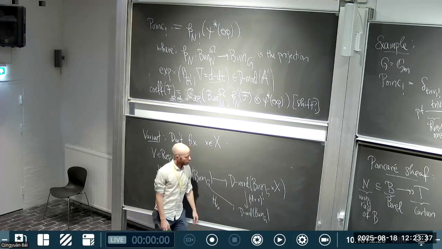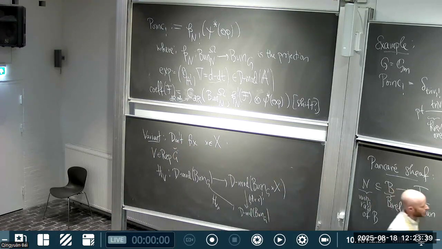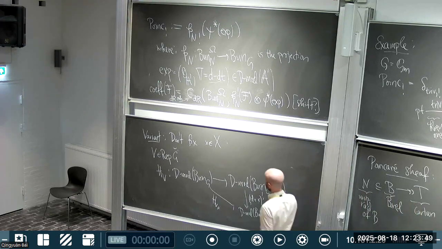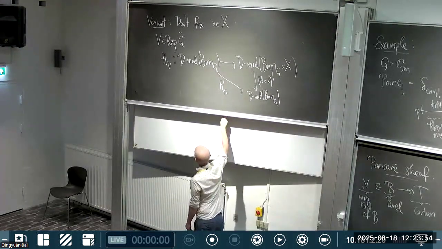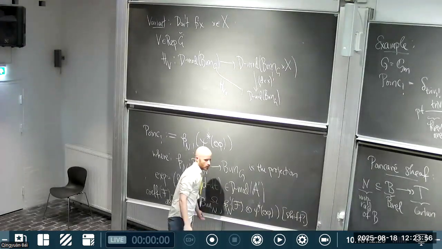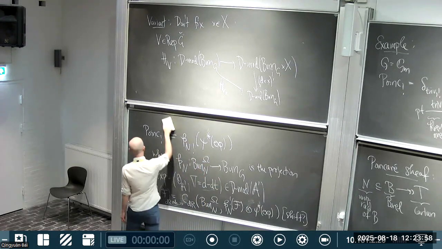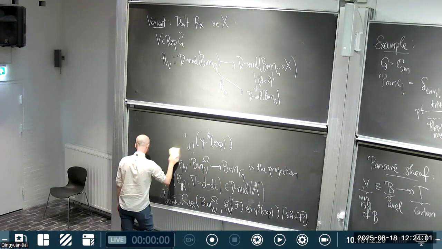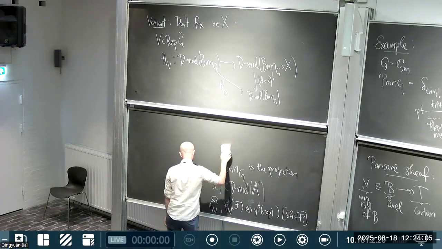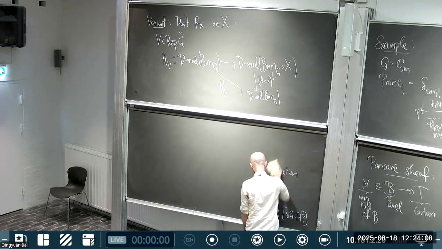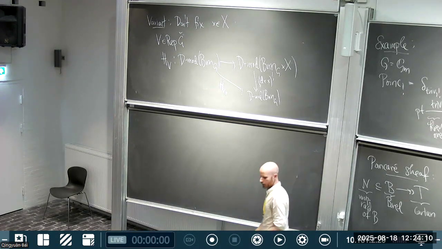It's going to look exactly the same as the construction here, but I'm just going to allow x to be a variable point. So that's the first variant. Any questions?